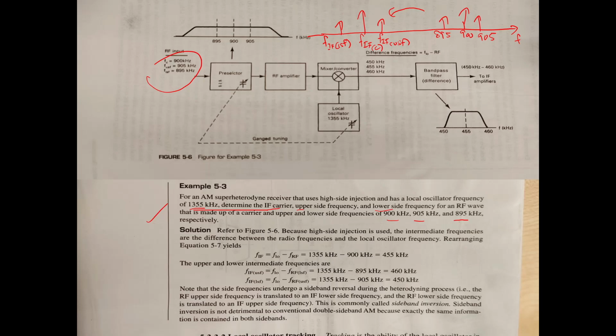Given the local oscillator frequency is 1355 kilohertz, when we want to find the FIF, as in the previous example, FIF is equal to FLO minus FRF. So you get the intermediate frequency. You need to subtract all the RF frequencies.